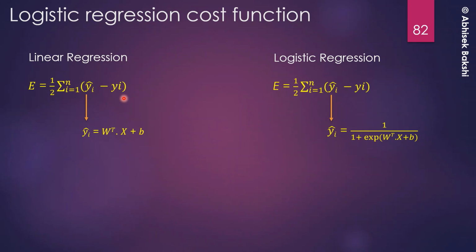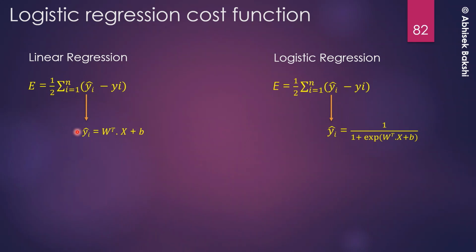But the difference is how I am finding this yi cap. In the case of linear regression, I am finding it just by a simple linear equation of a straight line. That's why in linear regression, yi cap is simply w transpose x plus b. It's nothing but y equal to mx plus c, something like that, right?